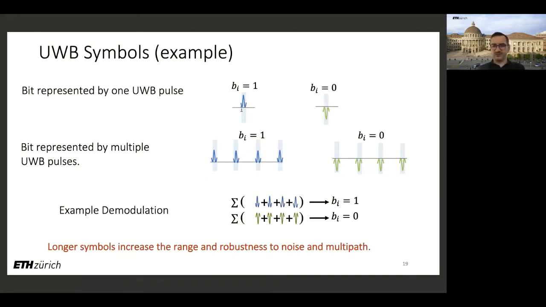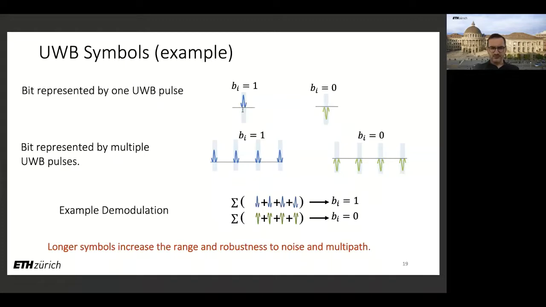Ultra-wideband occupies a large bandwidth, so 500 plus megahertz, and so these pulses are very short. However, of course, one can then encode bits into individual pulses, or one can represent bits by multiple ultra-wideband pulses in order to gain robustness and distance, right? Individual pulses might be lost and also might not be strong enough in order to be detected at the receiver.